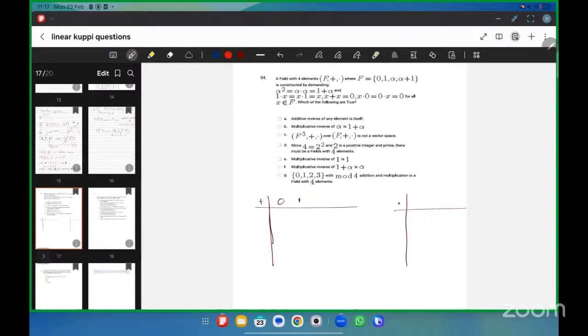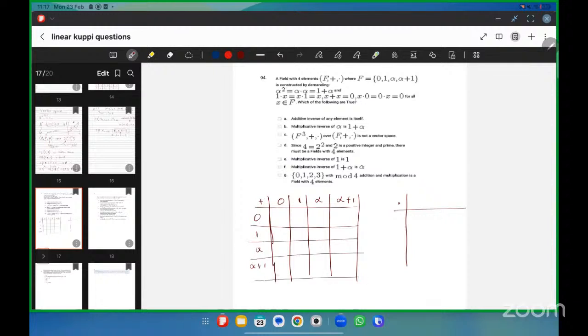Elements 0, 1, alpha, alpha plus 1. Here 0 plus 0 is equal to 0.